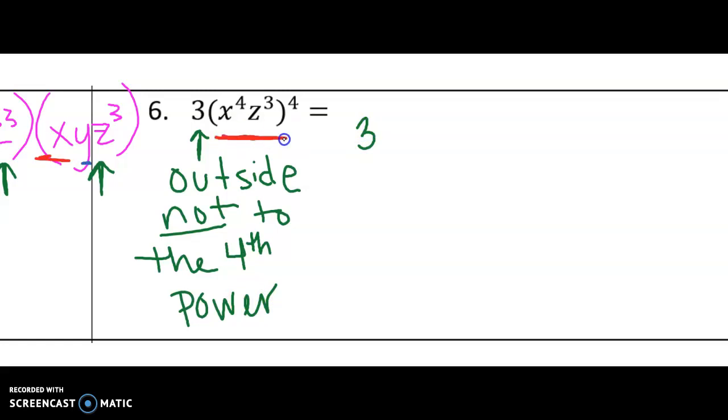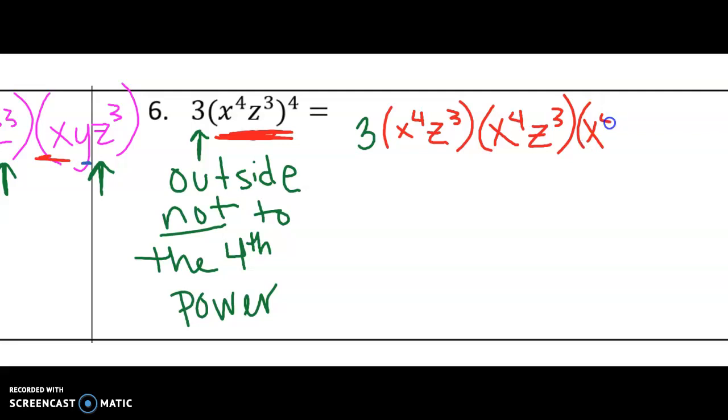But what is to the 4th power? Everything in the parentheses. So I'm going to do x to the 4th, z to the 3rd, x to the 4th, z to the 3rd, x to the 4th, z to the 3rd. And I'm going to do it one more time because it does appear 4 times.